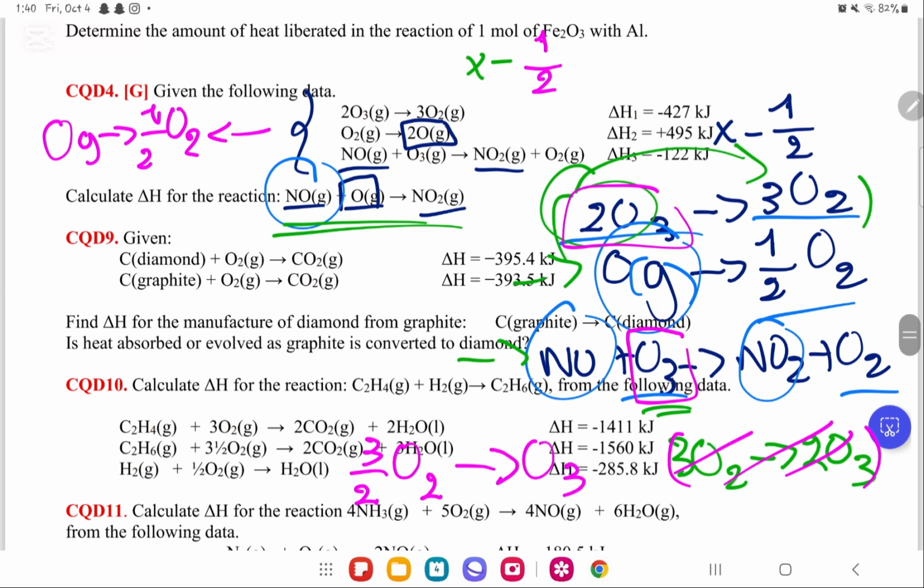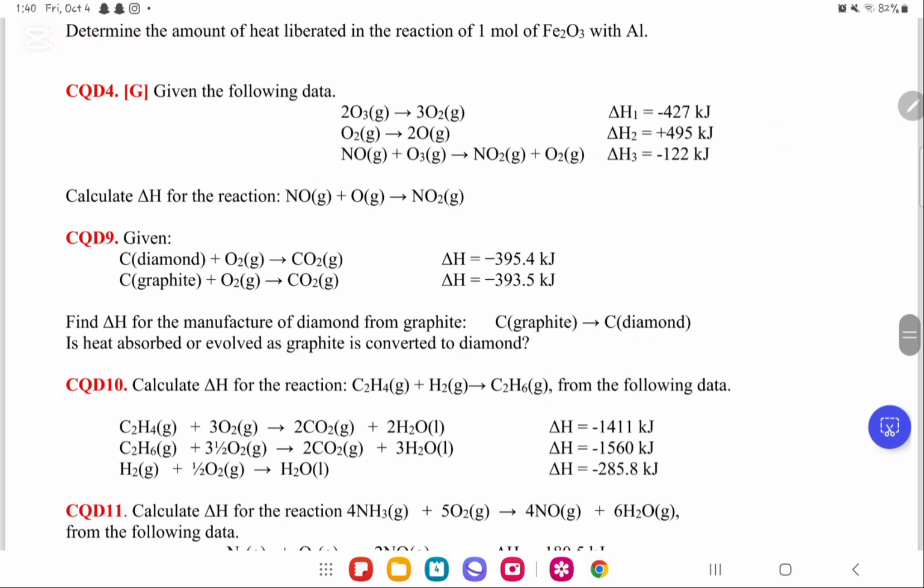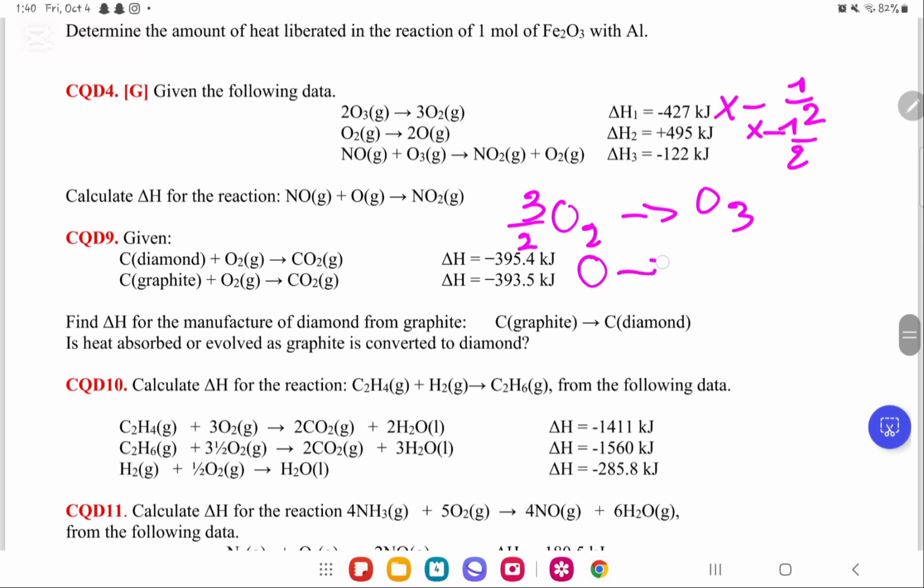So now, if we're gonna rewrite it, this is times -1/2, this is times -1/2, we're gonna have 3/2O2 gives us O3. Then we have O gives us 1/2O2. Then we have an O plus O3 gives us NO2 plus O2.